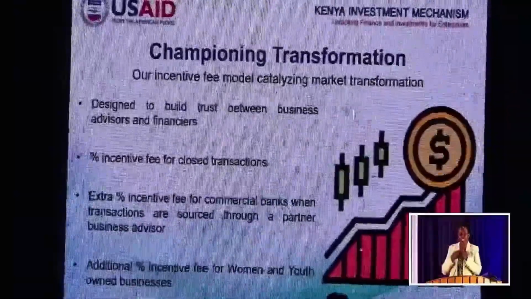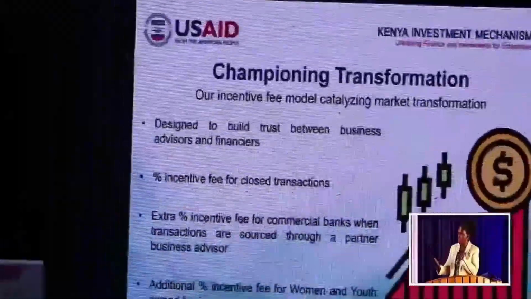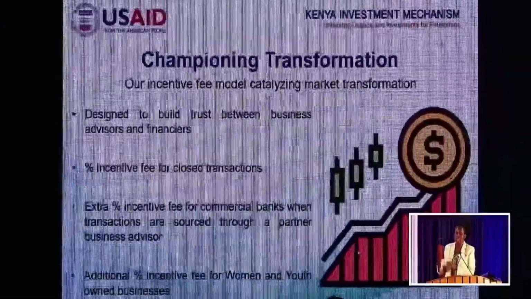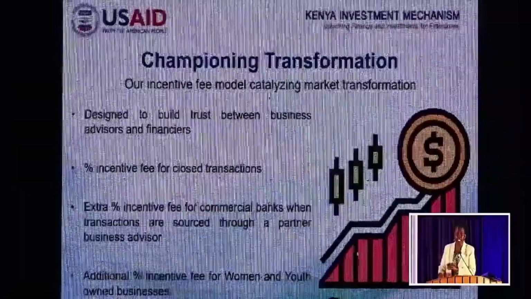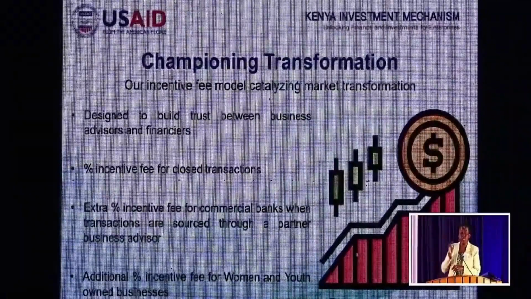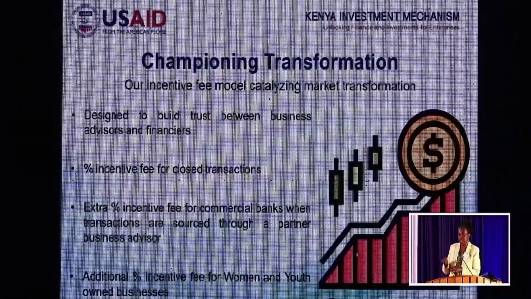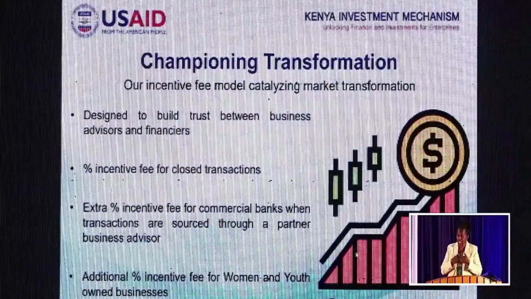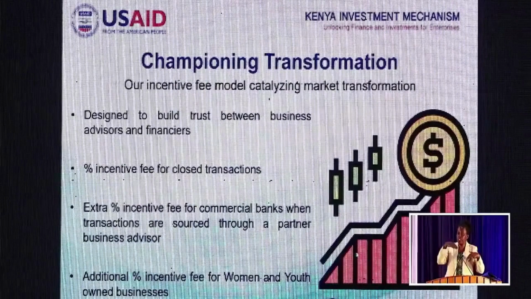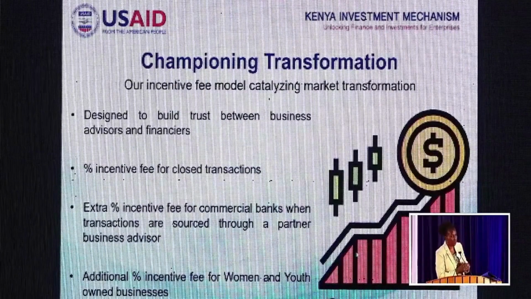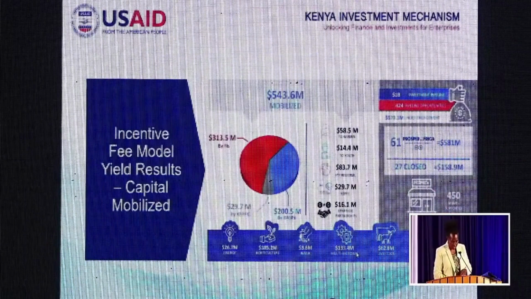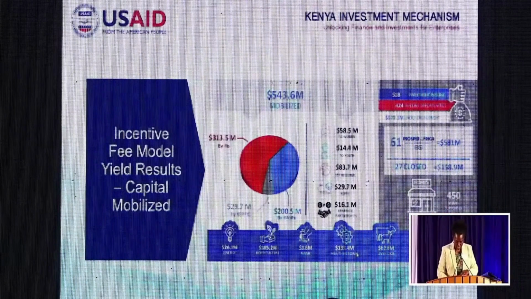On the other hand, if I'm an SME and I'm helped so much by these business service providers, in the end we hope that you will pay the business service provider. So we want to leave a market that's linked, a market that trusts each other, so that financing flows.